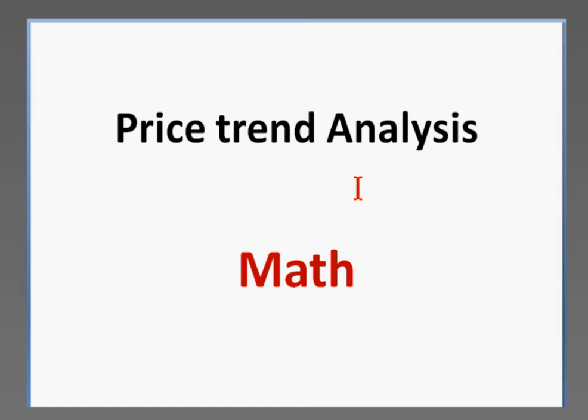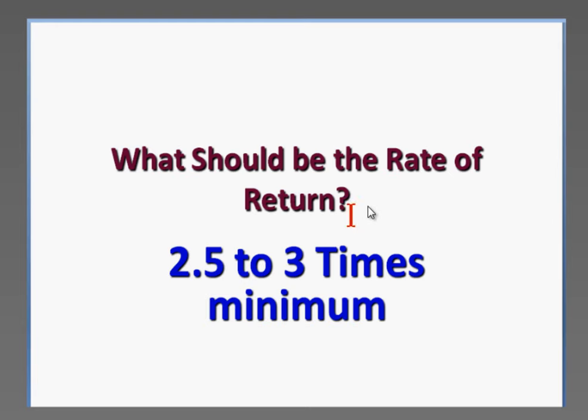Most trades, you have a good spread, whether it's a debit spread or a credit spread, that has a lot more advantages. Whenever I look at a debit spread, I'm looking at a trade that's going to produce 2.5 to 3 times the return of what I paid for it.